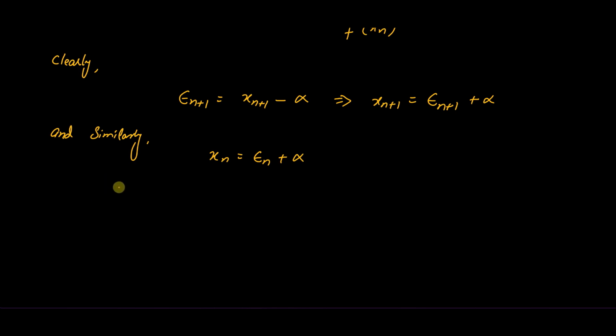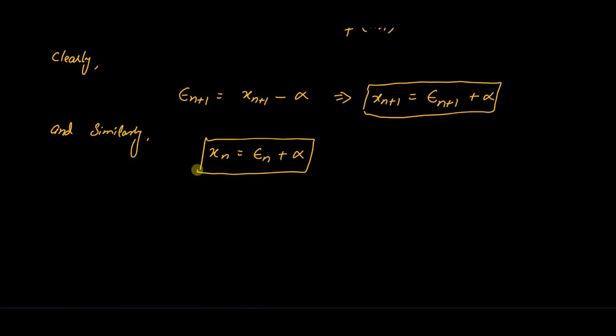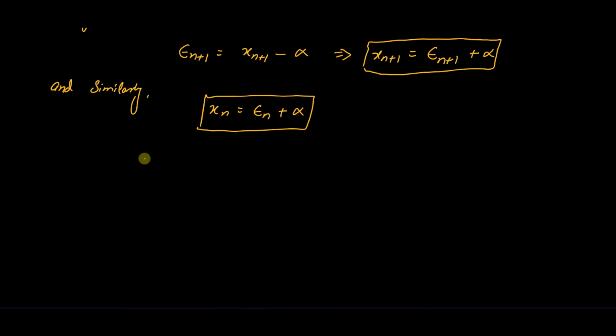Now we are going to substitute these two equations back into the generic formula of NR. So it becomes epsilon_{n+1} + alpha = epsilon_n + alpha - f(epsilon_n + alpha) / f'(epsilon_n + alpha).